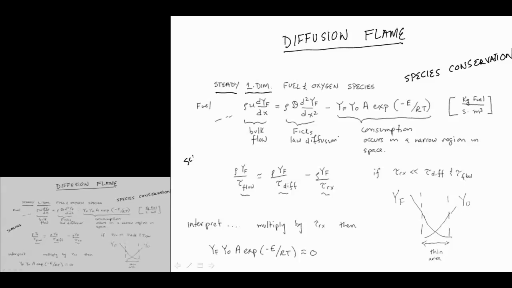When you think about a length scale, dx, divided by the velocity, that is a flow time. So this bulk flow term can be interpreted as the mass, the density of the fuel divided by a characteristic flow time.